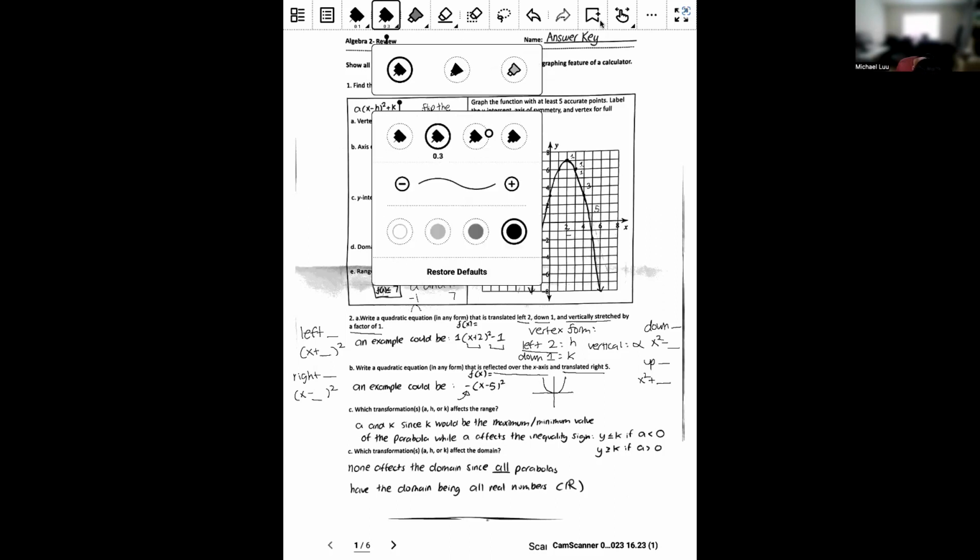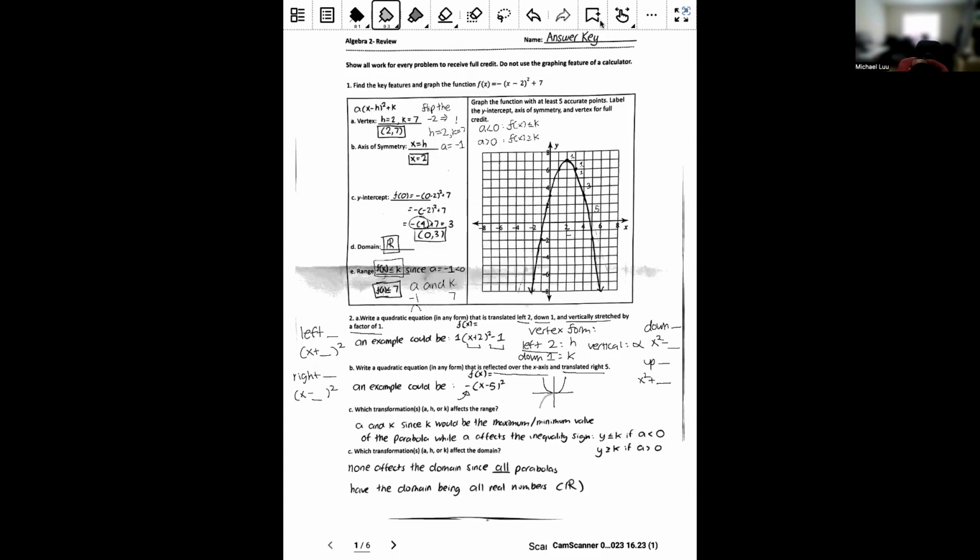Here it is in gray. It would look something like this. And then I notice this is going to be y is equal to x squared, but then this one's going to be negative x squared. So knowing that, what changed? What really changed was the a value. It turned from +1 to -1. So that's what I'm going to do for B, and that's how I got my answer.